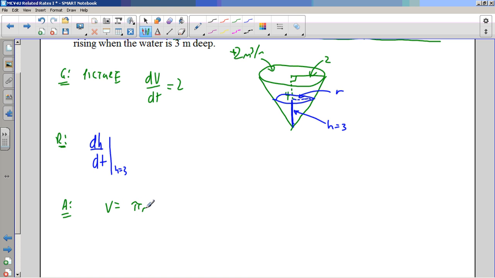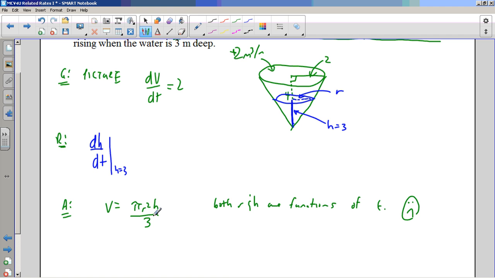It's pi r squared h, that's the volume of a cylinder, then divided by 3. But notice, I don't have a constant r or constant h. Neither of these are constant. They're always changing. Both r and h are functions of t, right? And that kind of scares me.